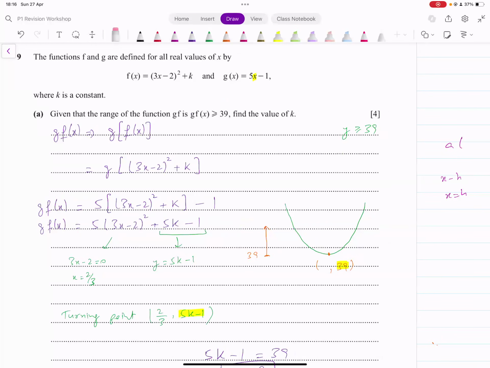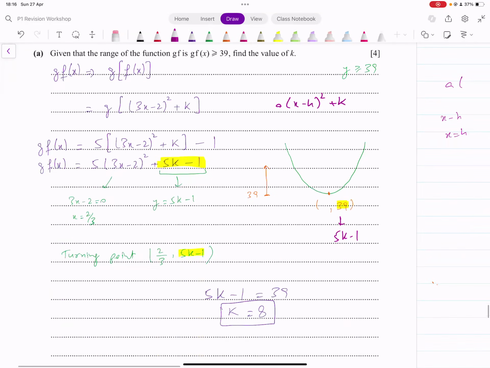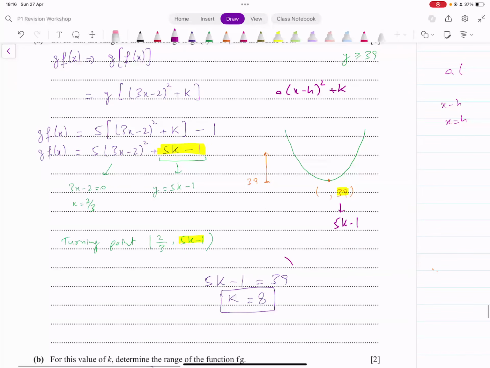In the standard form, y equals a into (x minus h) whole squared plus k. So the range of this function would be greater than or equal to 5k minus 1. That means 5k minus 1 corresponds to 39. So 5k minus 1 equals 39, and that gives you the value for k.